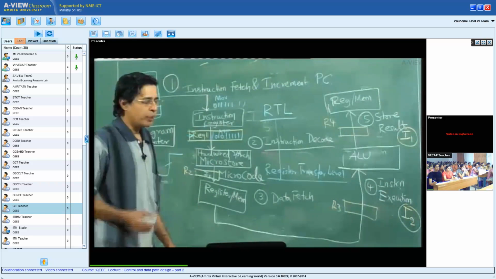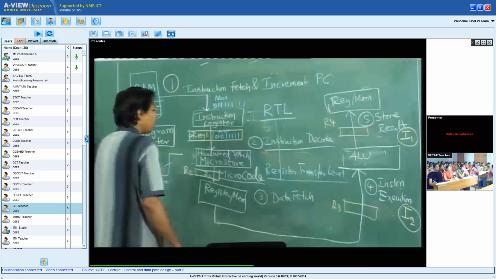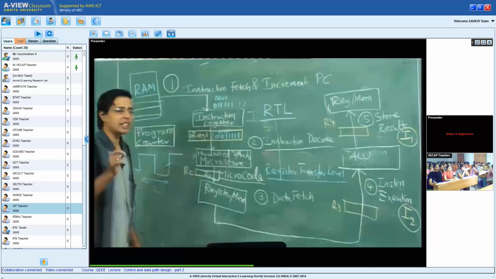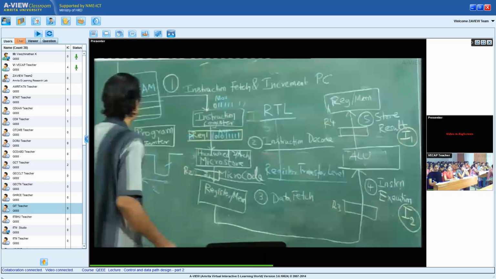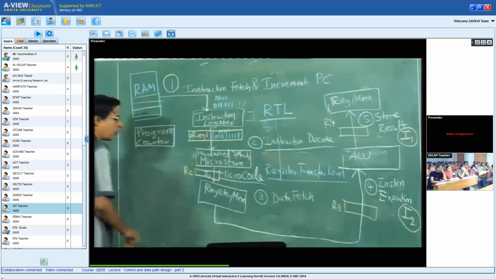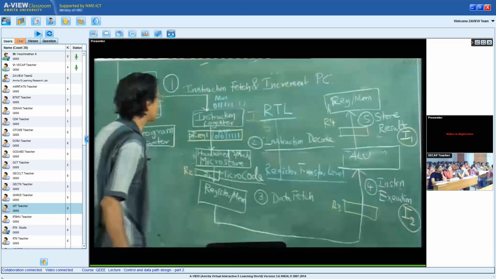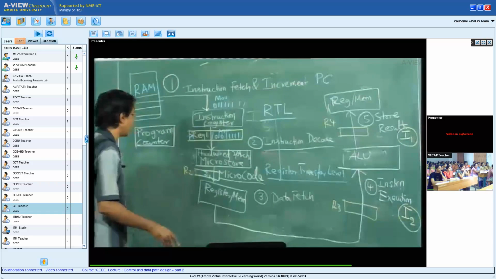Now, before we wind up, in the next 3 minutes, I am going to pose a small exercise for your thought. Suppose we consider these two instructions. Can I just do it like this, or could there be some problem?